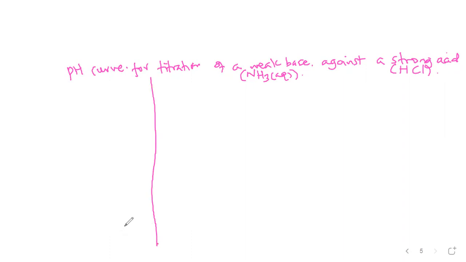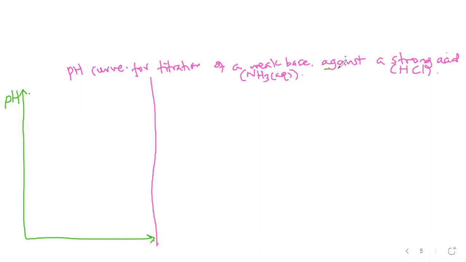So what do we have for this case? For this case, we shall have pH on the y-axis, small p, capital H. Draw your line for pH. Draw the x-axis.